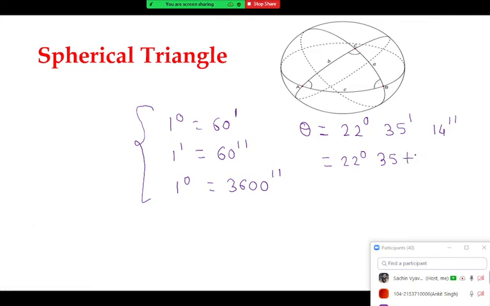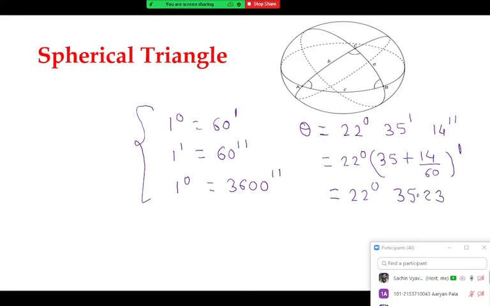So 35 plus 14 by 60 minutes. So this is 22 degrees, and now you can use a calculator. Just take 14 upon 60 plus 35, and you will get 35.23.